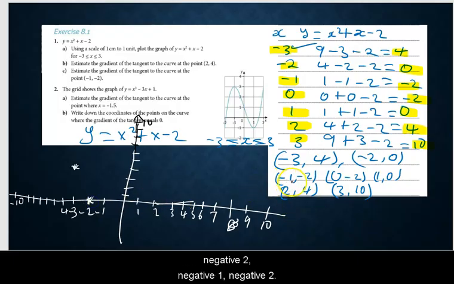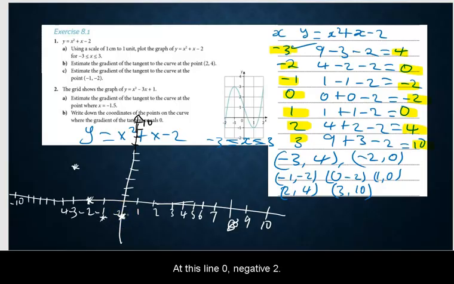We have negative 1, negative 2. So let's say this is negative 2 here. So negative 1, negative 2. We have 0, negative 2: 0 on the x-axis, negative 2 on the y-axis at this line.